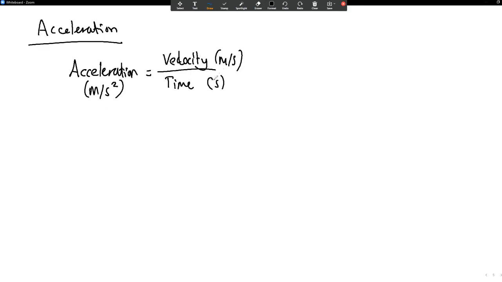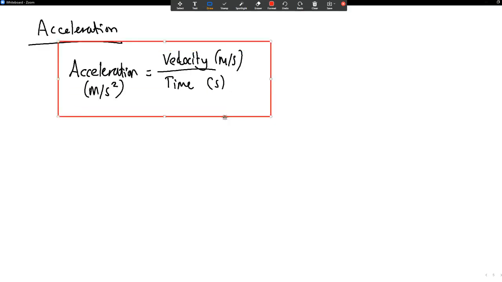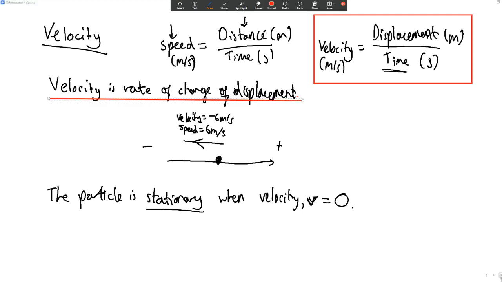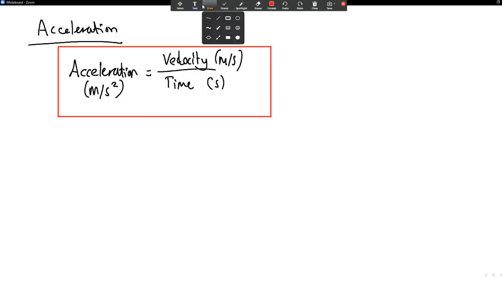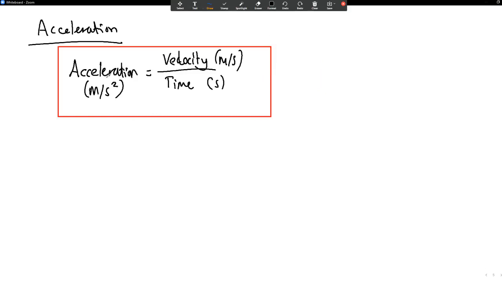Now, let me put these two equations in boxes. There we go.